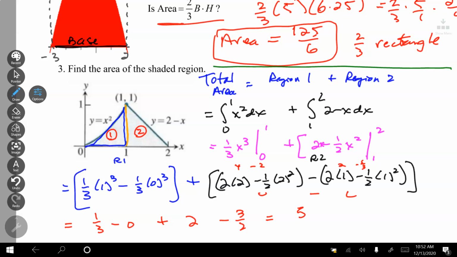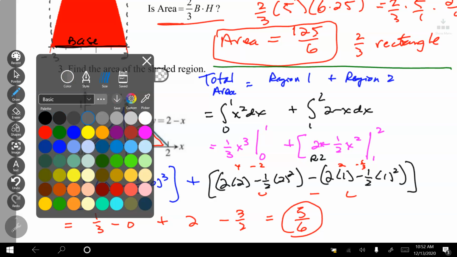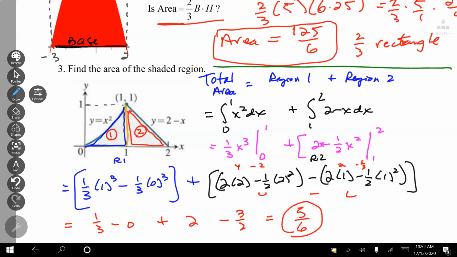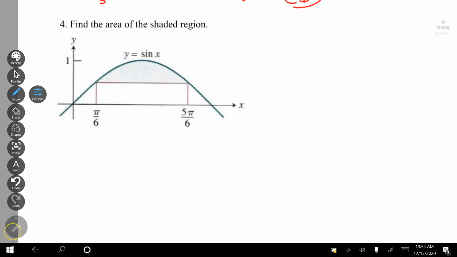I get 5/6. So this whole region, the red and the blue region together, is equal to 5/6. Which kind of makes sense because if you look at it right now, this rectangle is 2 by 1, it's 2, and this shaded region is probably a little bit less than half of that.